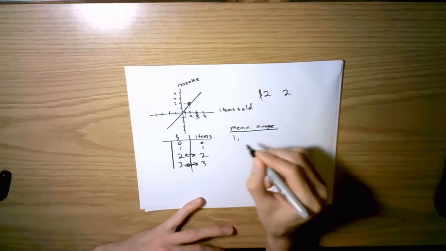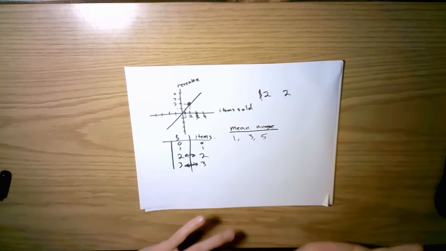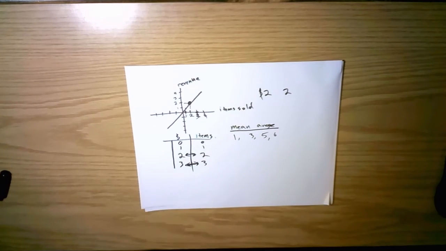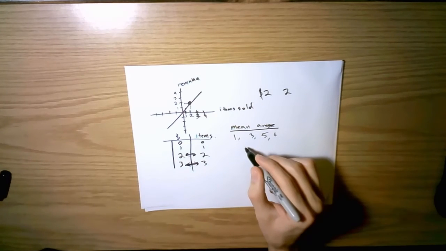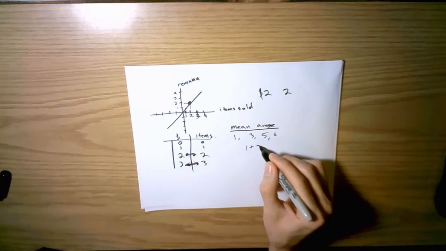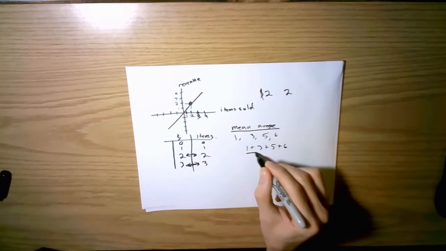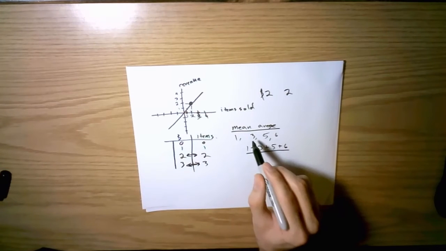So let's say you have the numbers 1, 3, 5. And let's add another number, 6. And I ask you, what is the average of these 4 numbers? To find the average, you gotta add them all up. 1 plus 3 plus 5 plus 6. And then you divide by the total number of numbers. So let's count. 1, 2, 3, 4.